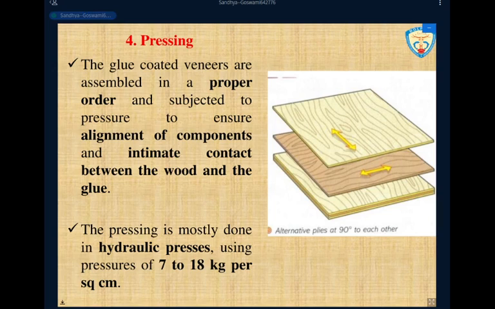Yes. What is the name of that construction? Glued veneers you now have to assemble. So what is the proper order in which you have to assemble it? Yes, tell me, Mona Lisa.